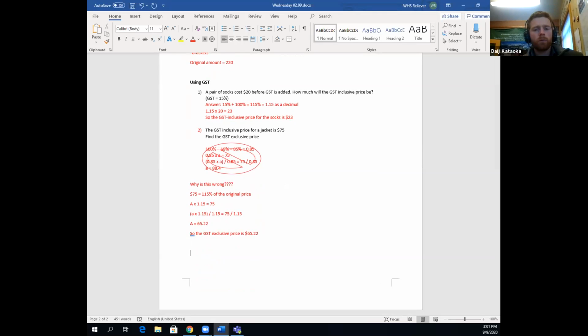I'm going to give you two more questions. Actually, can you tell me a shortcut? Let's see if you can figure this out. So I'm going to write another little section: shortcut to including and excluding GST.